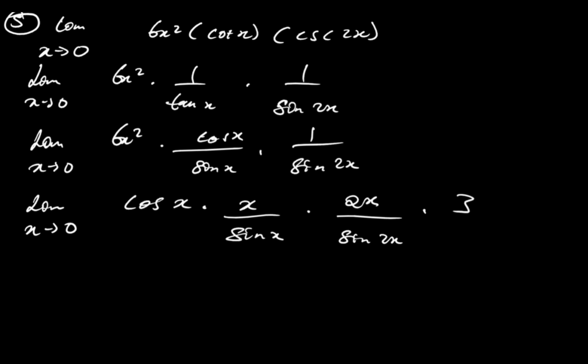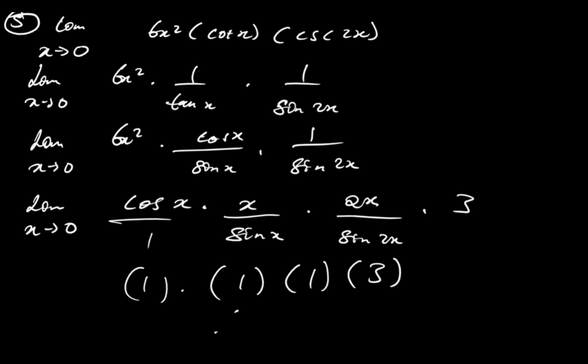Because if I put this back all together on the numerator part, I get 6x squared. And if I take the limits independently, the first one will be 1, the second one will also be 1, the third will also be 1, and the last will be 3. Therefore, my final limit will just be 3.